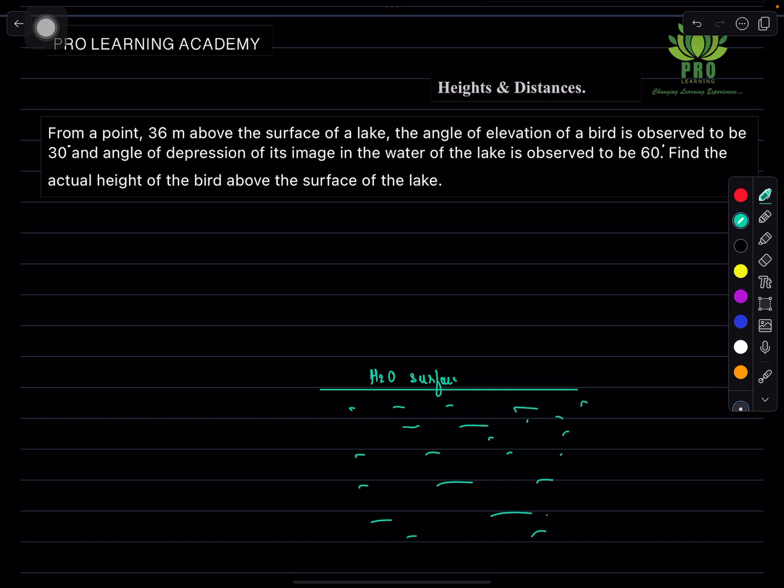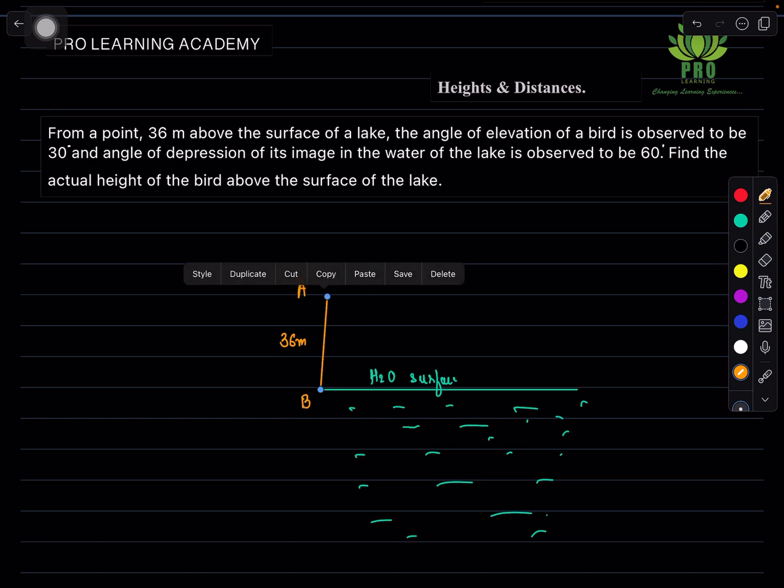Now the question says, from a point 36 meters above the surface of the lake. So this is point A, which is 36 meters above the surface of the lake. Let's consider this point as point P.